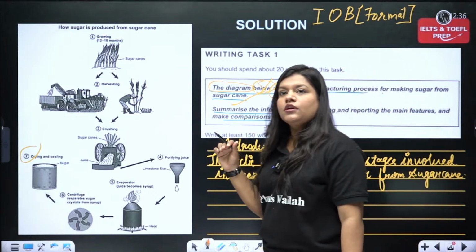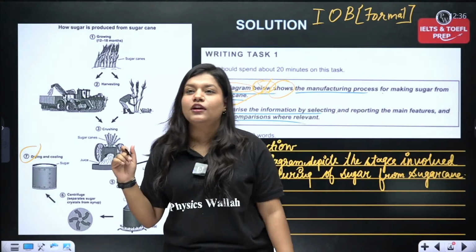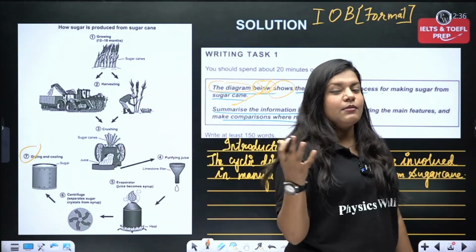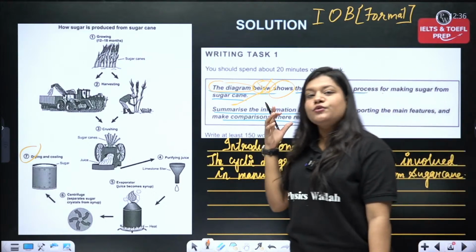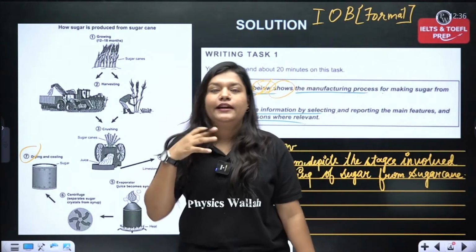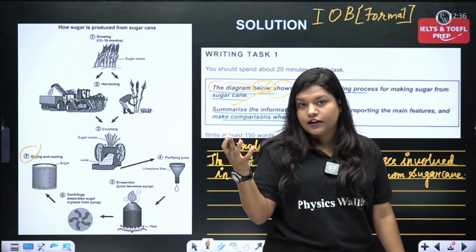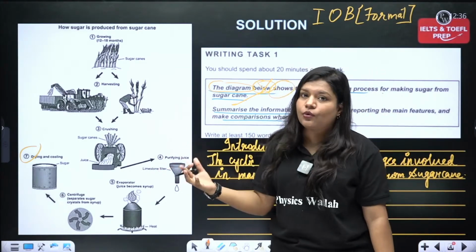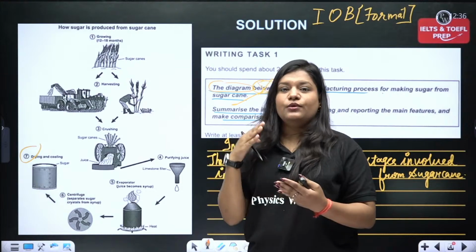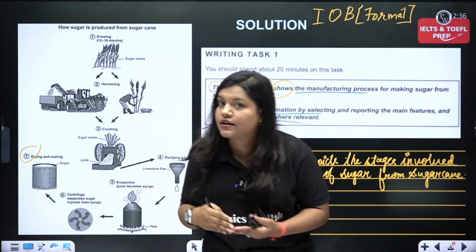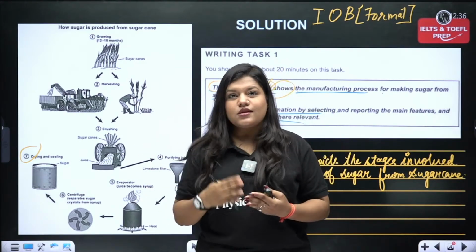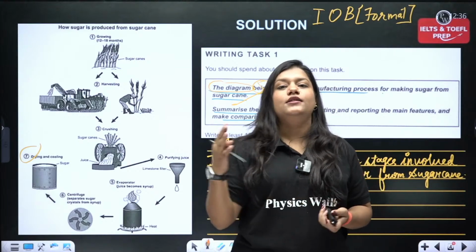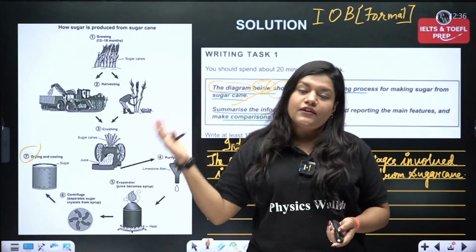Ma'am, does the examiner give marks for presentation, like extra marks for good handwriting? No, you are not going to get extra marks for good handwriting. It's just that if you present it nicely, it's going to be really easy for the examiner to understand it clearly, so it becomes very easy for him to allocate you a good band score. If you don't present good handwriting and clarity in your responses, you might not be able to get the band score that you deserve.